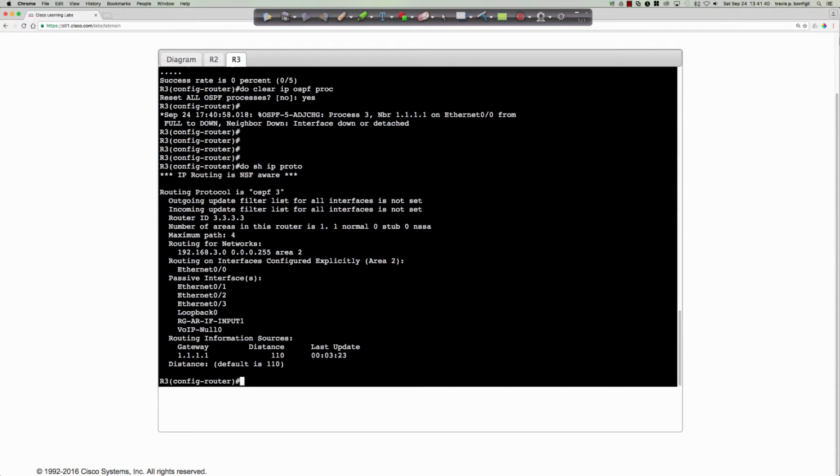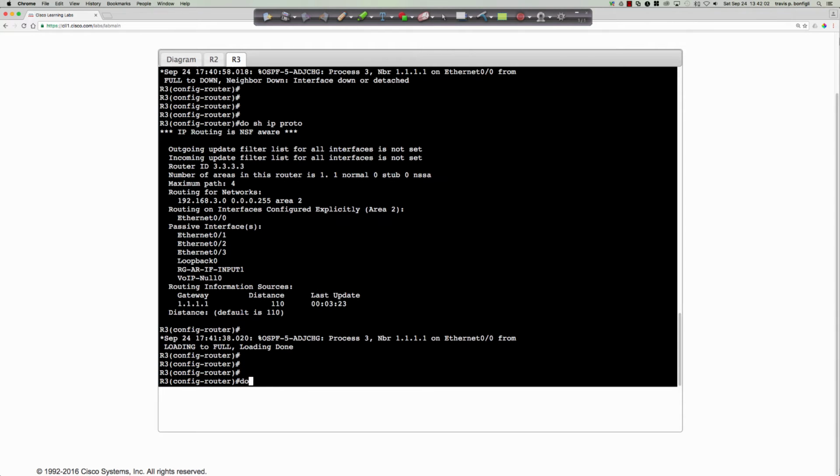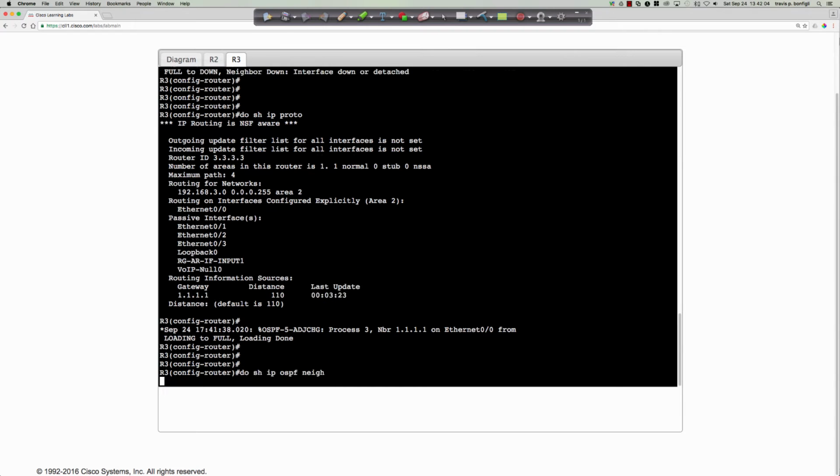And remember that this is not something that you want to undertake during the middle of the production day, because as you saw, it tore the adjacency down. It's going to flood an LSA type 1, right, which is a router LSA, with the new information about the router. All right, so let's go ahead and confirm that we have do show IP OSPF neighbors.